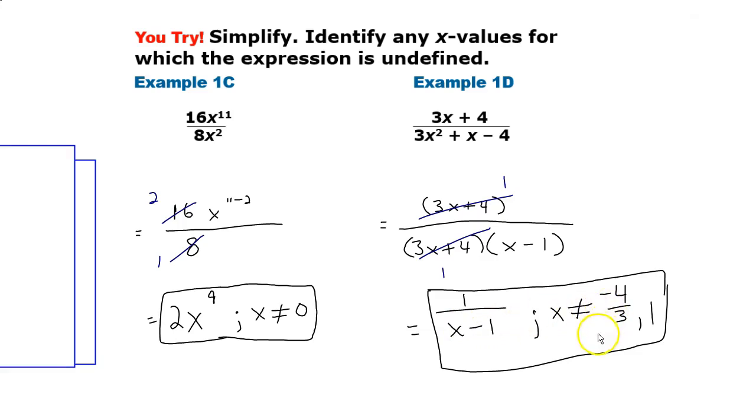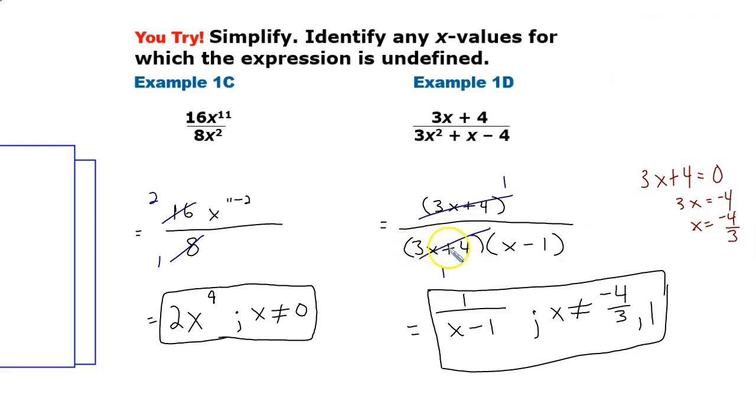To get my two excluded values, when I factored this, I got 3x plus 4 and x minus 1. If I set both of them equal to 0, and it's okay if you come off to the side to do that, and say, oh, what would be 3x plus 4 equals 0? What would I do? Well, I would subtract 4, and then I would divide by 3. That's how I got negative 4/3.